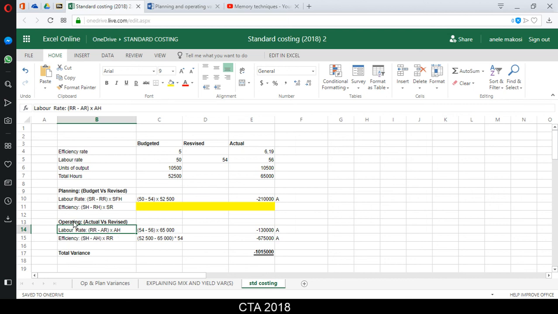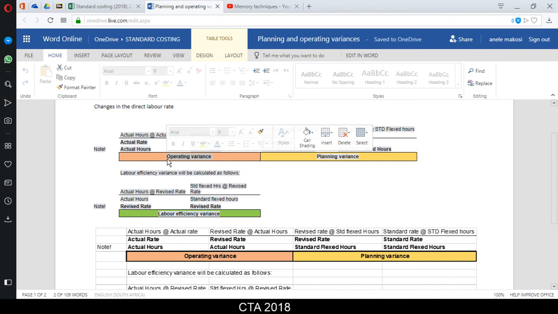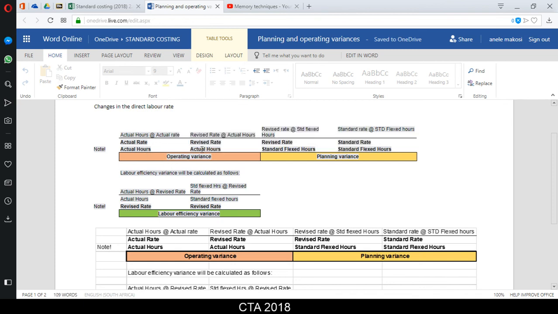It's operating variance. If you look here, it's what? It's operating variance even here, because we are comparing actual and revised. That means it's operating. So if we come here as well, the planning variance, we are looking at the revised rate and the standard rate.